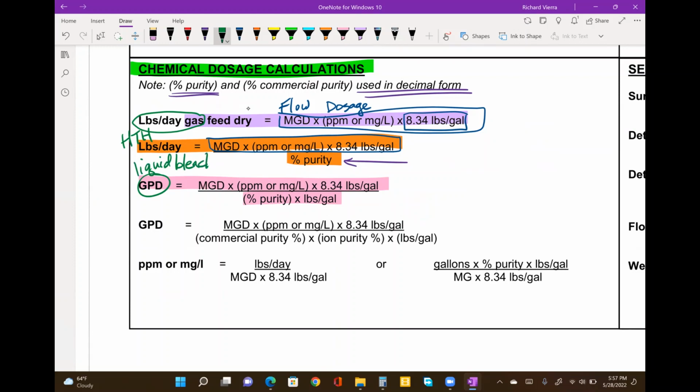sodium hypochlorite. So we have the same pounds formula that we're going to do on the top, just like with all of these, that always stays the same.